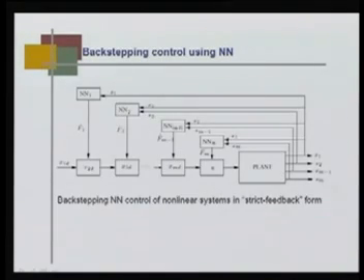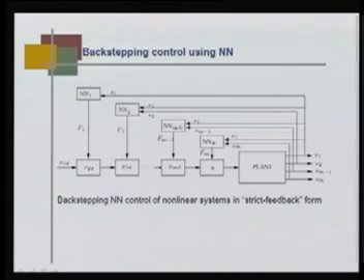So, x2d is a function of x1d and f1 hat, x3d is a function of x2d as well as f2 hat, and so on, and u is finally a function of fm hat, which is the output of the mth neural network whose input is x1 to xm, and u is also a function of xmd dot.